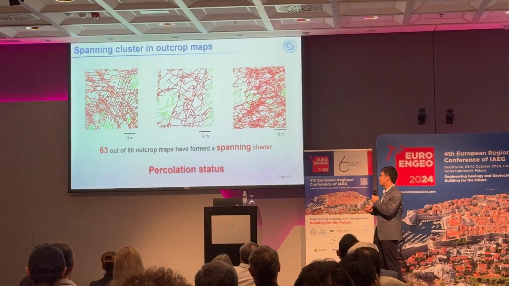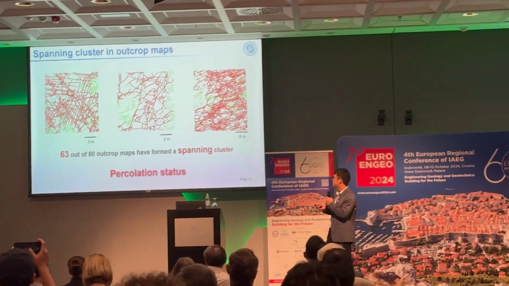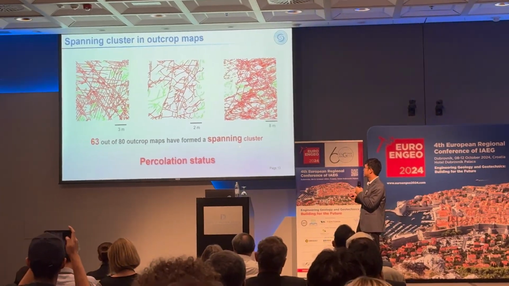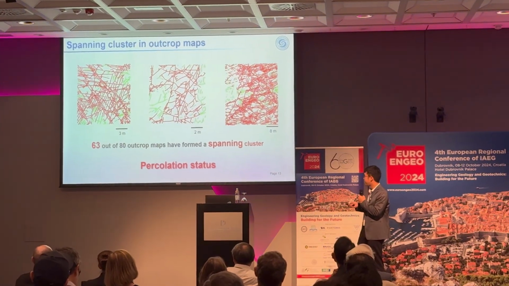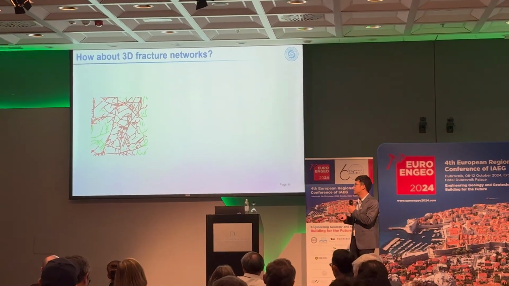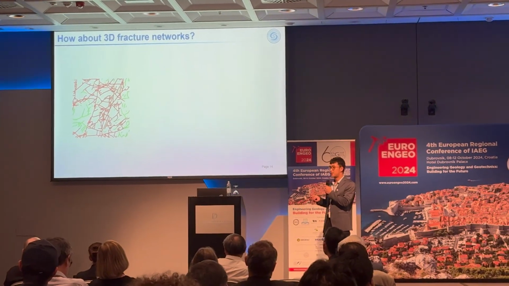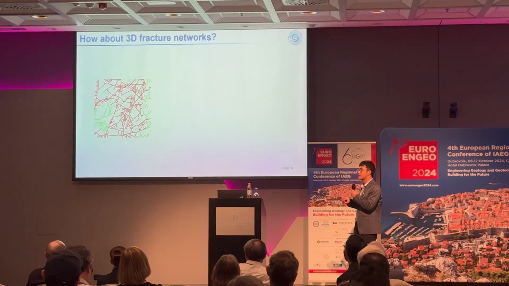So this is what I would like to illustrate: the percolation status means the formation of the spanning cluster, which are the connected fractures which also connect the boundaries of the domain. The percolation status and the spanning cluster are very important because they are the key for rock stability and also the seepage process, because they form the connected pathway.